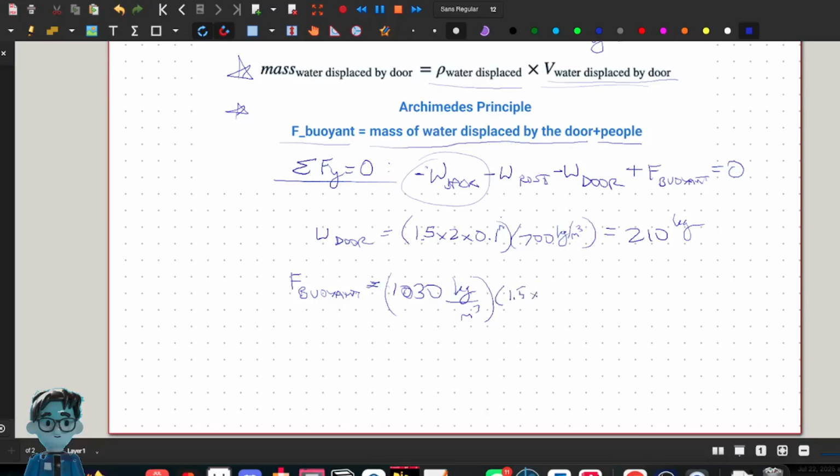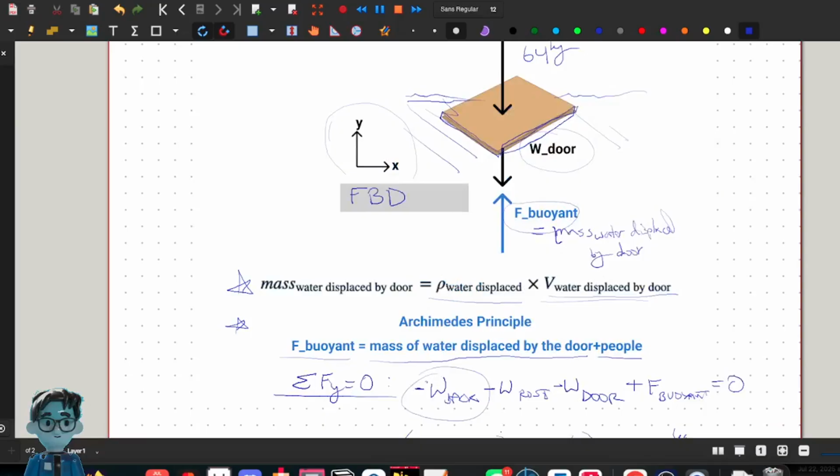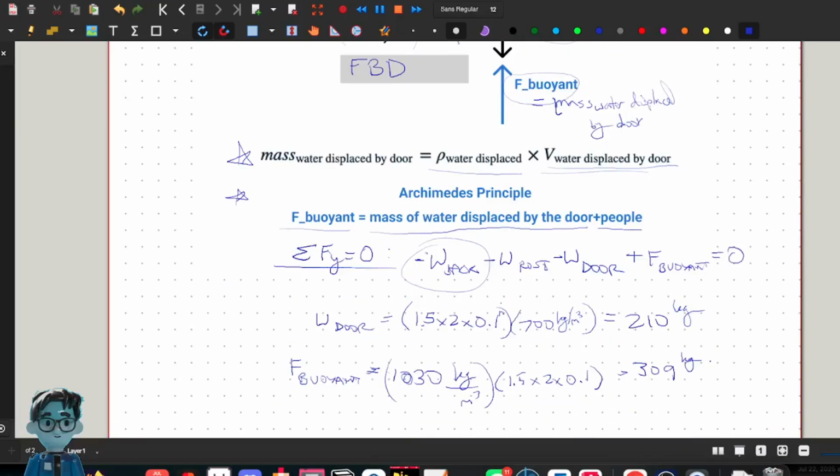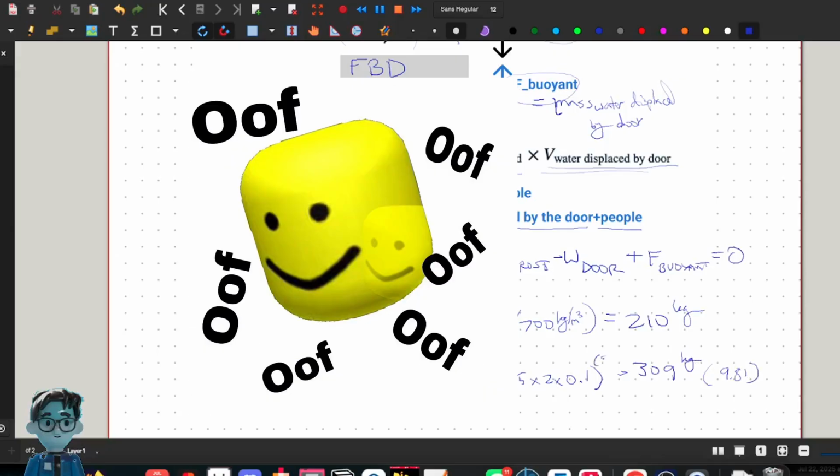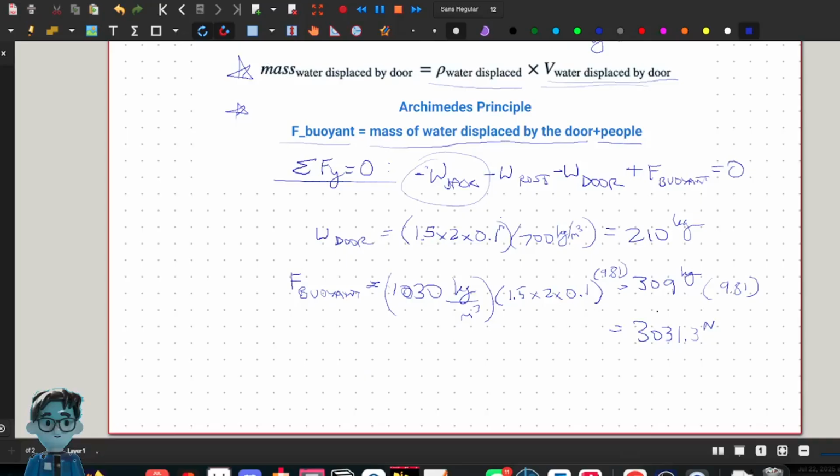It's 1.5 times 2 times 0.1, so that gives us 309 kilograms. But we want a buoyant force, so force is the mass times gravity. So it'll be times 9.81. Okay, the buoyant force is the 309 kilograms times 9.81 meters per second squared. That gives you 3031.3 newtons.